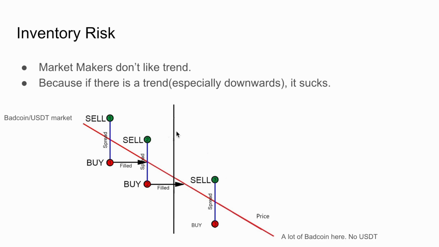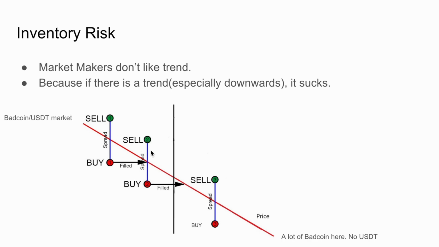As a market maker, we don't like trends, right? Because if there is a trend, especially a downward one, it really sucks. This is an example. There is a bad coin, which is made up by me, in the USDT market. If this price keeps going down, our USDT is going to be lost because we're going to buy a lot of bad coins without selling any of them, right?